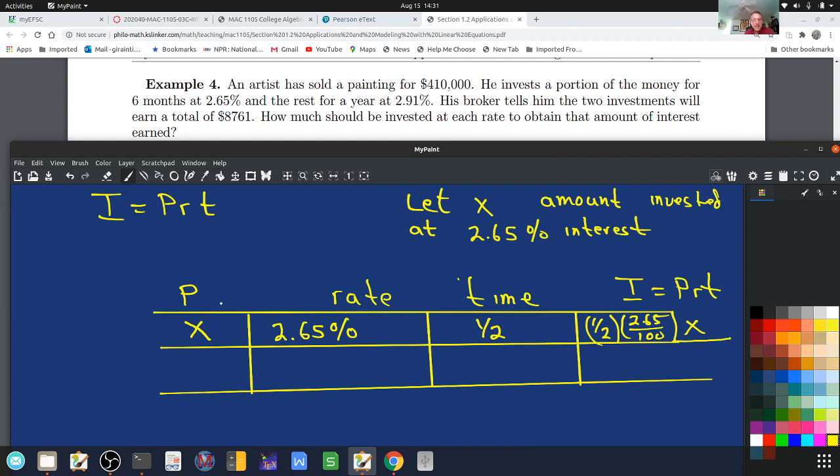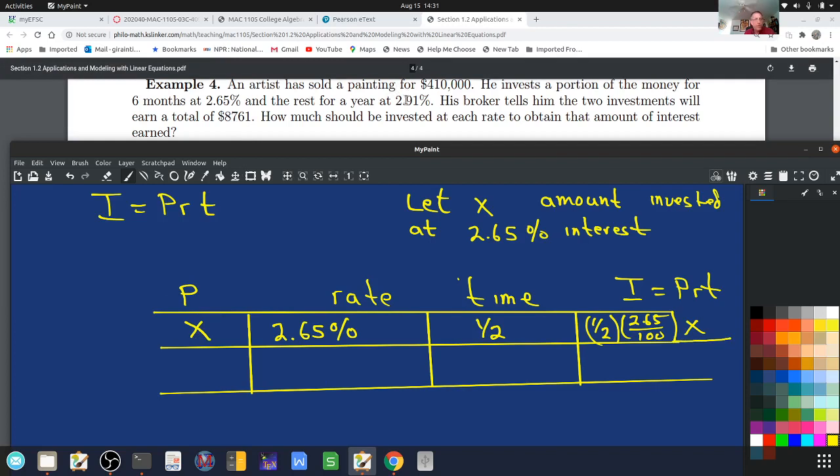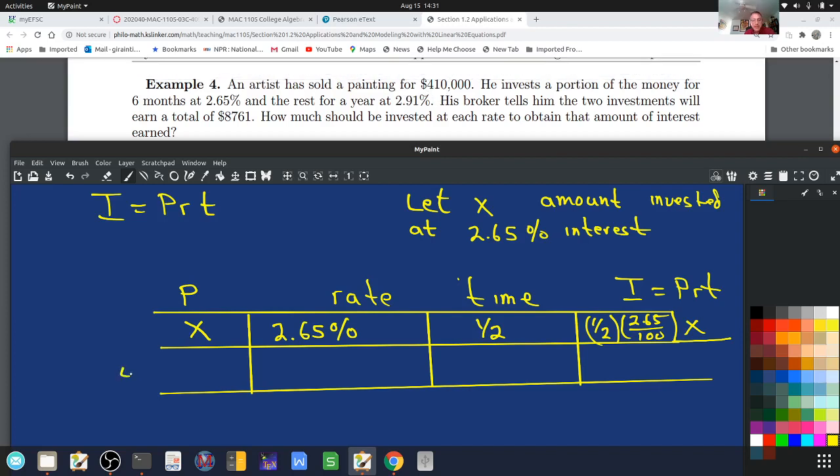And what is the next principal? Well, I have $410,000, and I'm going to invest the rest of it, which is 410,000 minus the amount I invest at 2.65%, at 2.91%.